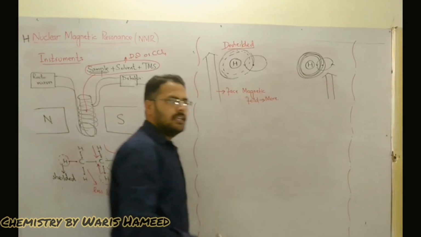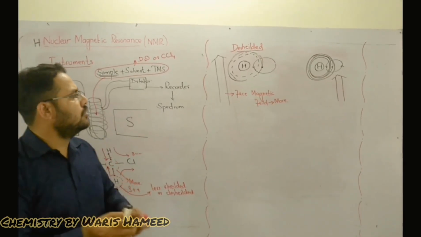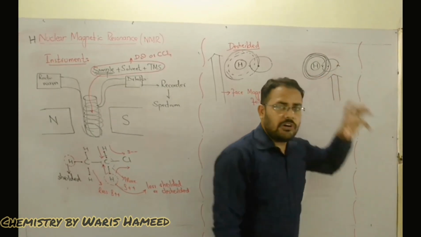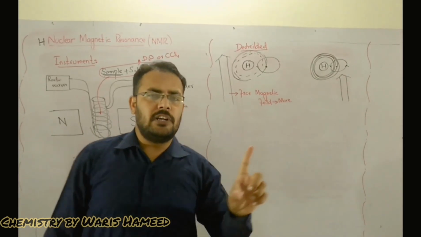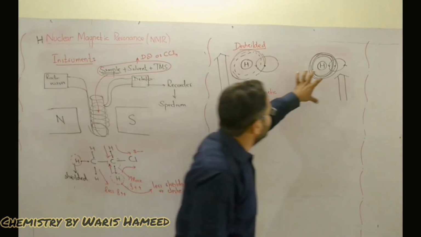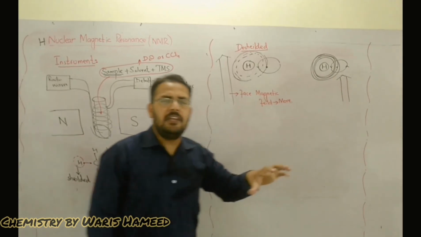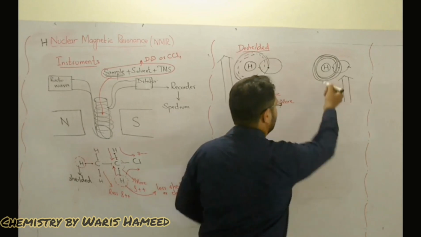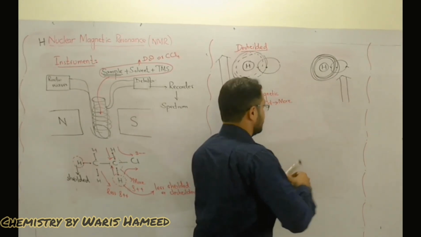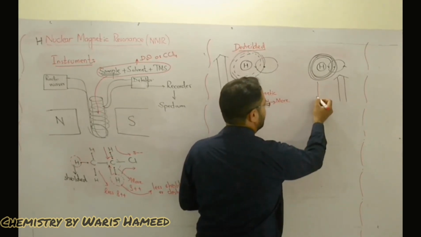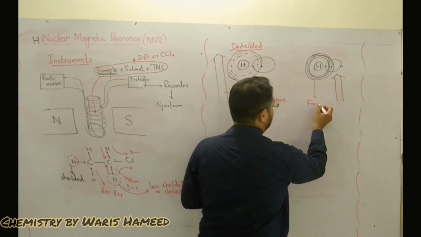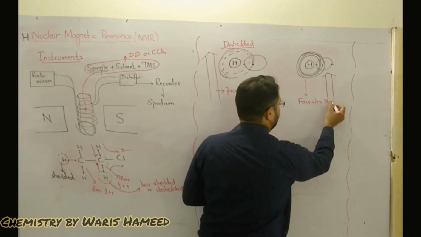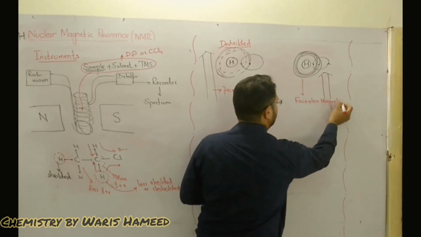In this case, the external field has to apply its effect on the field of the electron as well as on the field of the proton. So in this case, the proton will feel less amount of external field, and it has to face less magnetic field.